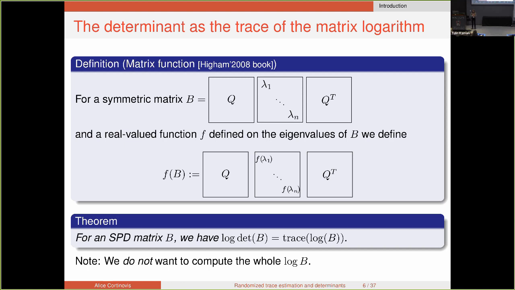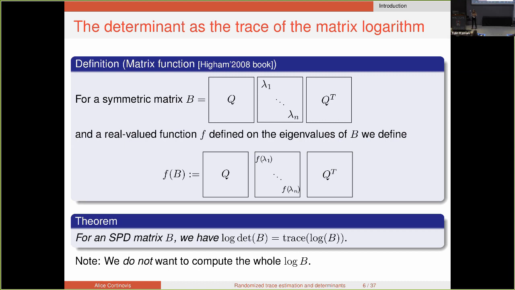So if you have a symmetric matrix B, you can take a spectral decomposition of B, a decomposition of the form Q times a diagonal matrix containing the eigenvalues times Q transpose. And if you have a real valued function f, which is well defined on the eigenvalues of B, you can define the matrix function f of B to be this product of matrices. So just evaluate f on the eigenvalues and multiply by Q and Q transpose.